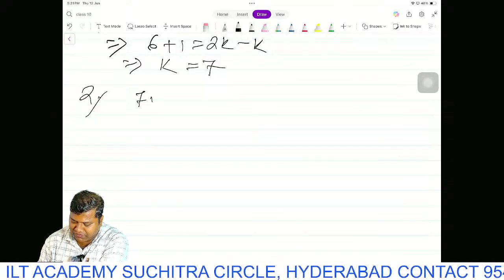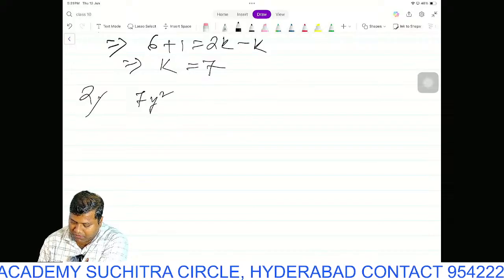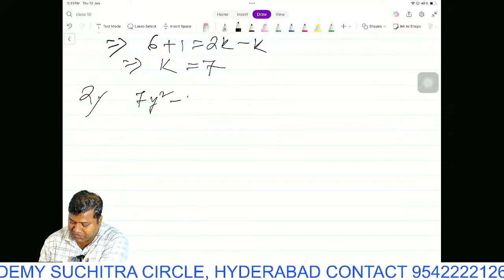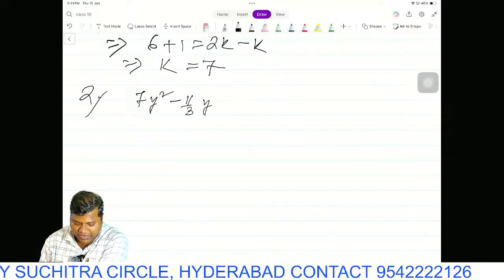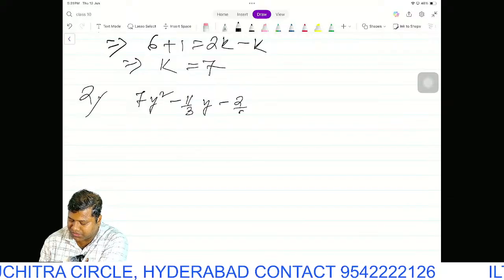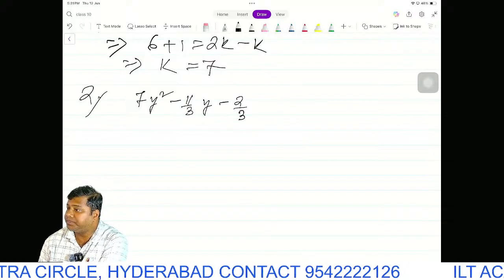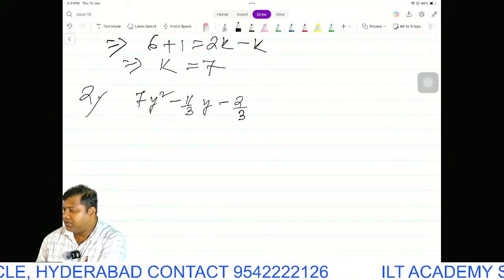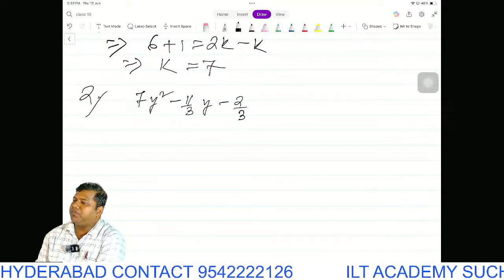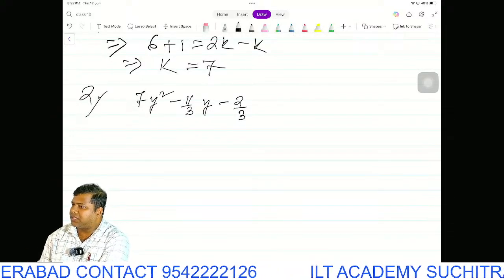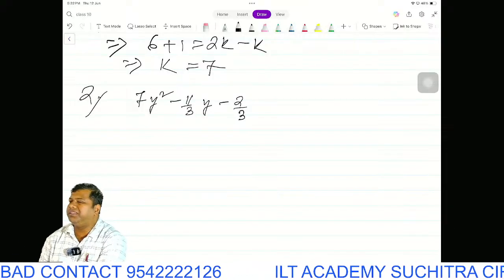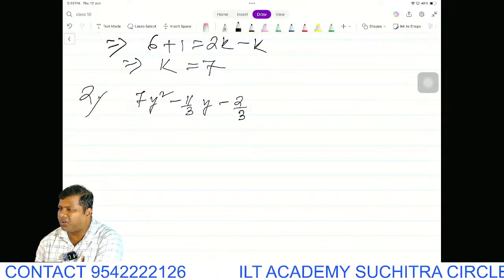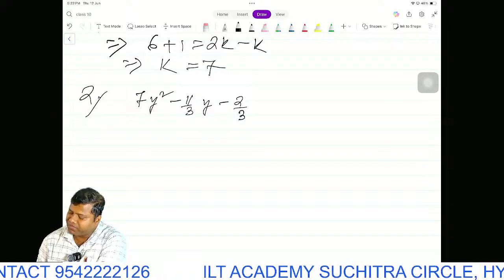It was 7y square minus 11 by 3 y minus 2 by 3. Okay, right? See, if you keep the polynomial in this form, the calculation for finding the zeros will be a little bit difficult or complicated. What can we do?